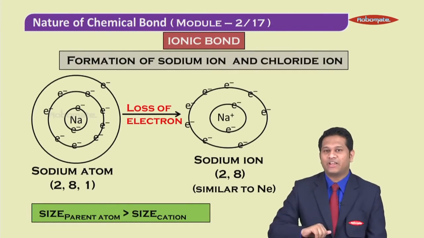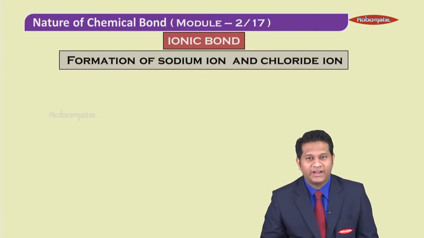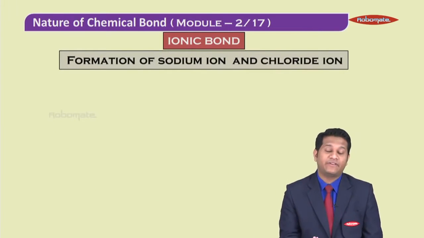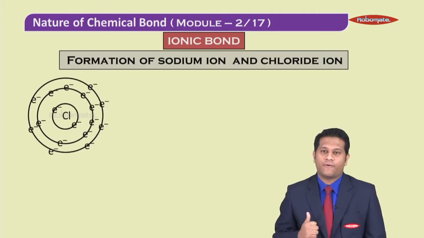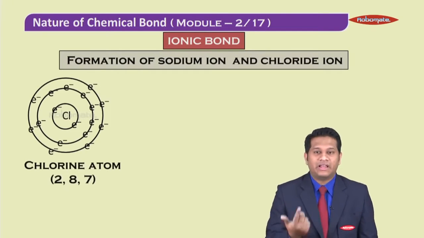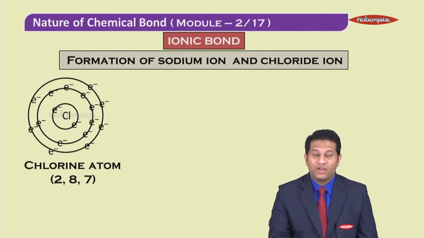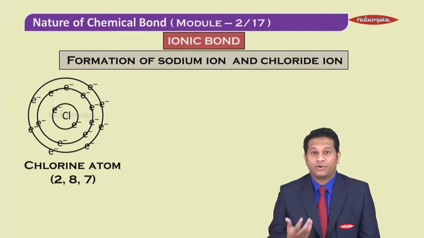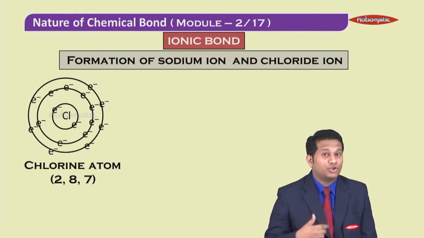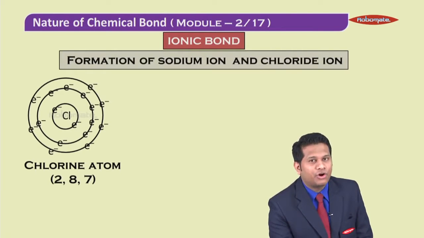So similarly, can you make the formation of chloride ion? Yes, we can definitely do that. Chloride ion is formed from chlorine atom. The electronic configuration of chlorine atom is 2, 8, 7. Chalo you tell me, it will accept electron or it will lose electron?